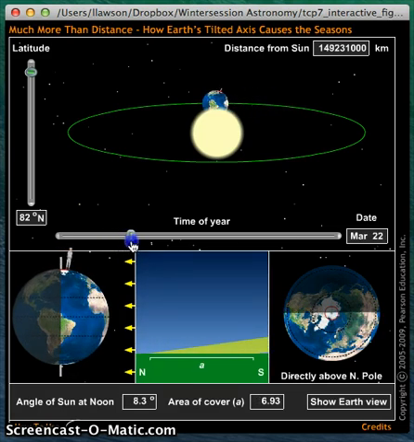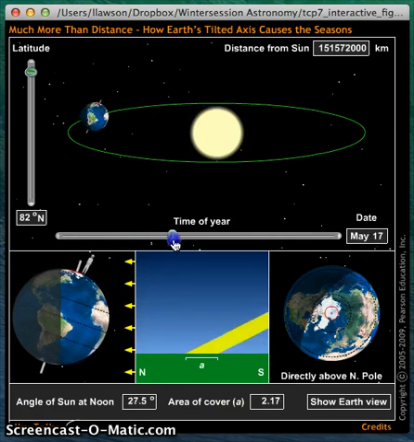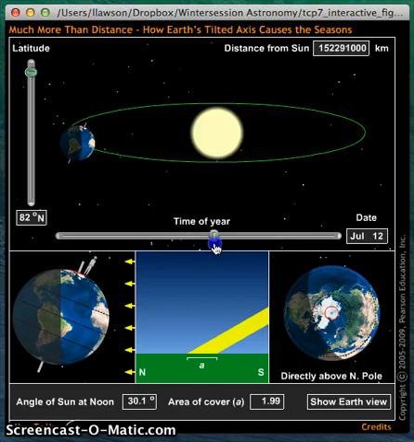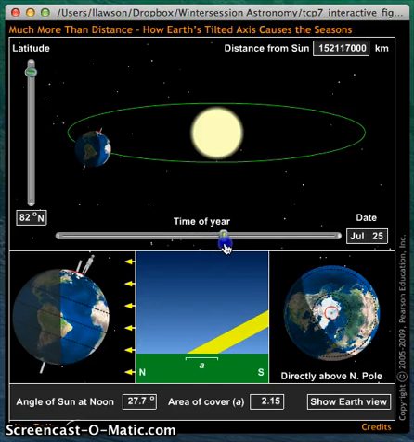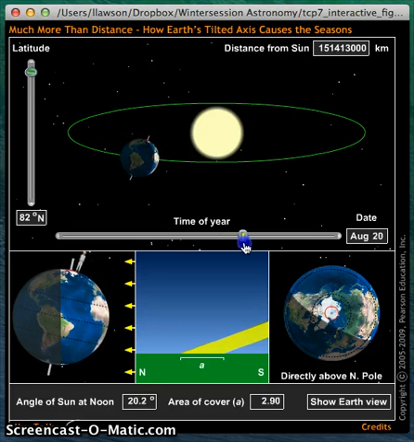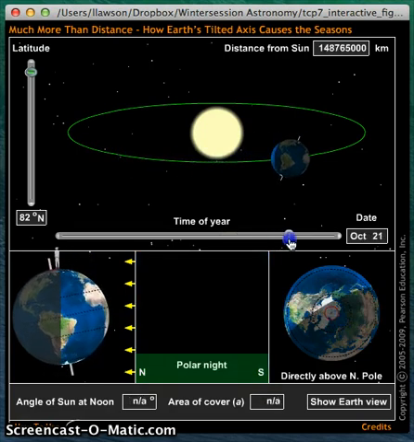Look how spread out the Sun's light is right here. It's much larger than when we were in the latitude corresponding to Providence. As we get into the summer months, the sun is very high and the light more direct. We're not seeing any night times at all. We're always going to see the sun until we approach the fall and then go back towards winter.